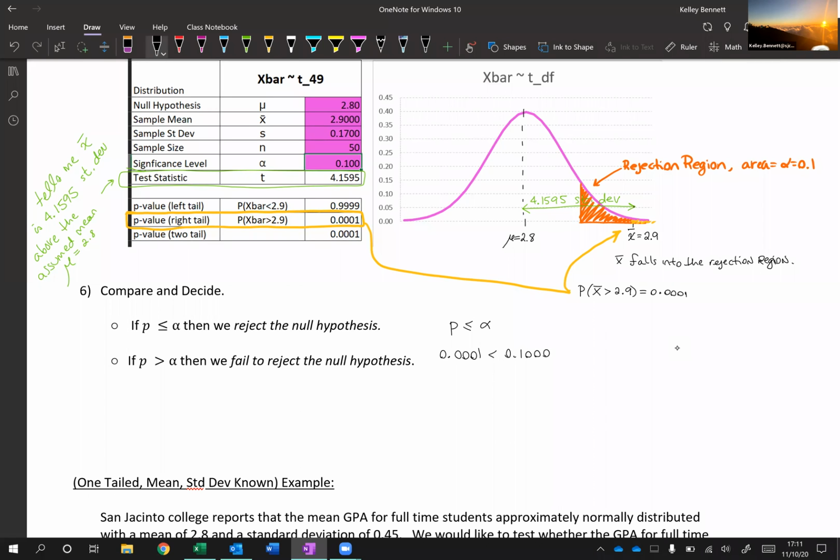So we reject the claim that the mean GPA for full-time San Jacinto college students is 2.8.